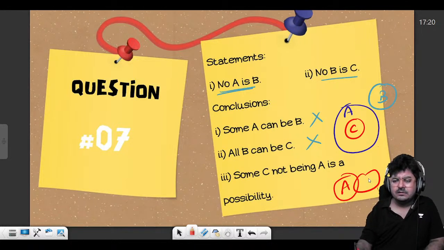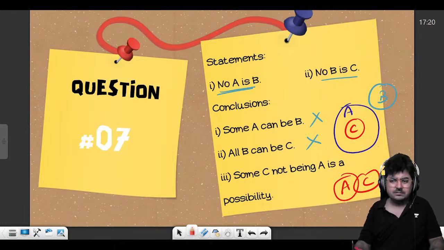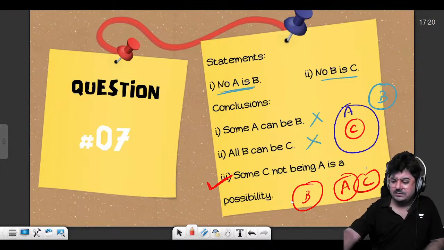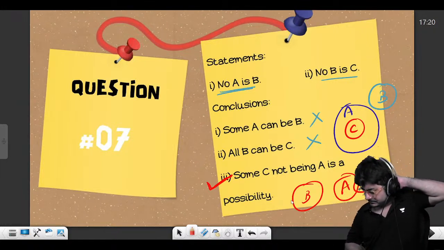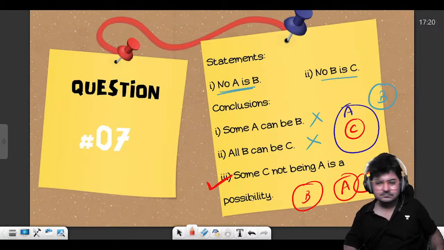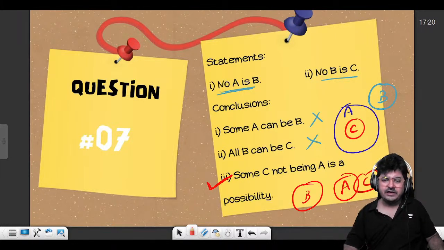A, C, and this is B. Third is possible, it is a possibility. So conclusion three is the answer. Clear? Three you said. So that's correct.